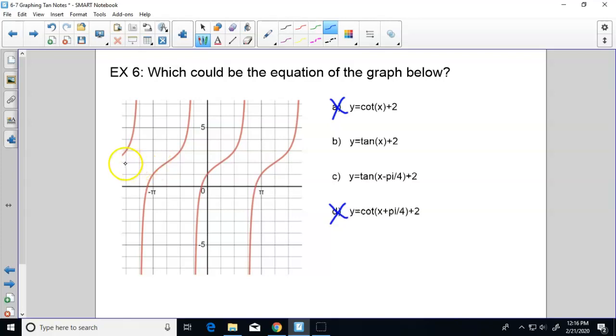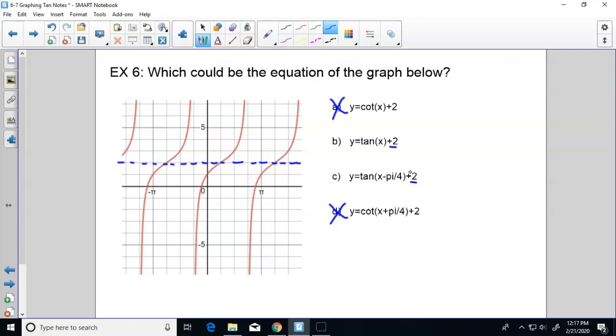I do see that my midline here, that line that goes through the middle of the graph, looks to have been moved up. Looks like it will be about right here, which would be at 2, which means I should have a +2 on the end. However, that is not helpful because both of my answer choices have a +2 on the end.